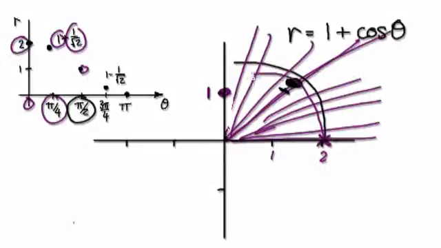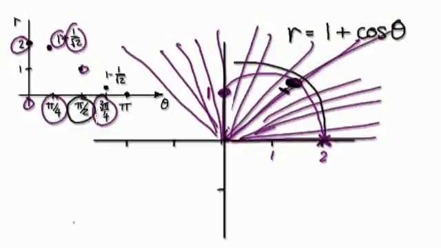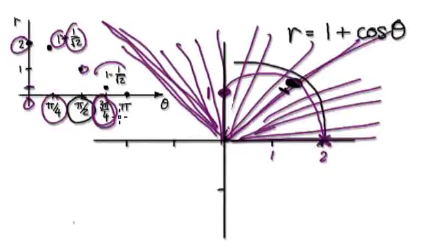So you can see that it's doing something like this. And then by the time it gets to 3 pi over 4, theta is increasing like this, and the radius here is quite small.